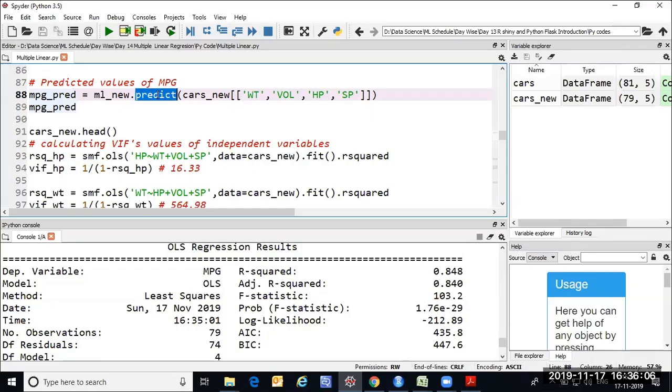For generating the predicted values, you just need to use the model and dot predict of the data set on which you would like to run this.